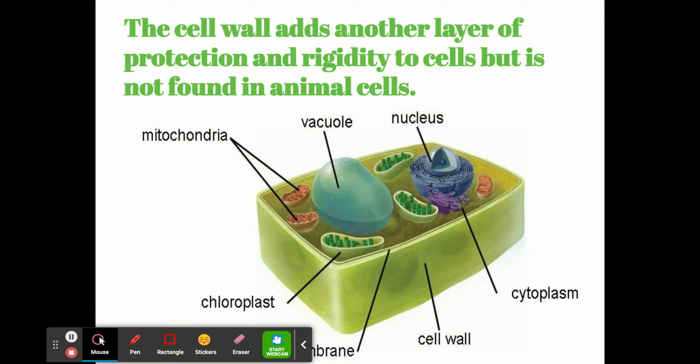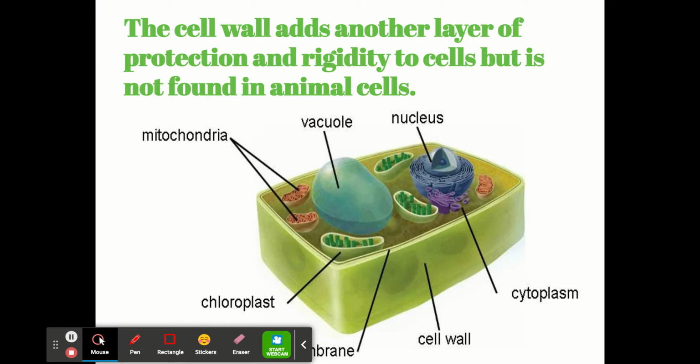Okay, and the function of the cell wall is to give another layer of protection and also to give the cells some of that rigidity. Because if the plant cells didn't have a cell wall, then trees wouldn't stand up. Plants wouldn't stand up. They would be like a blob because they don't have bones like us, right? So it's our bones and our muscles that kind of give us our structure, but it's the fact that plant cells have cell walls that keep them rigid and give them shape.